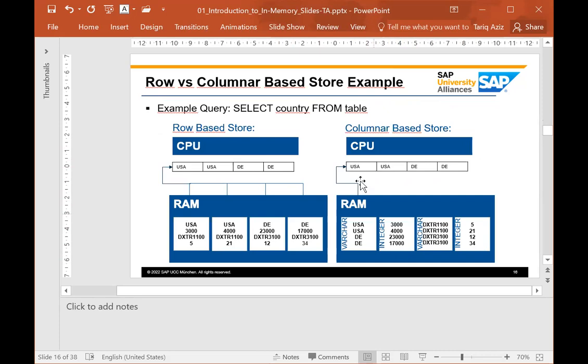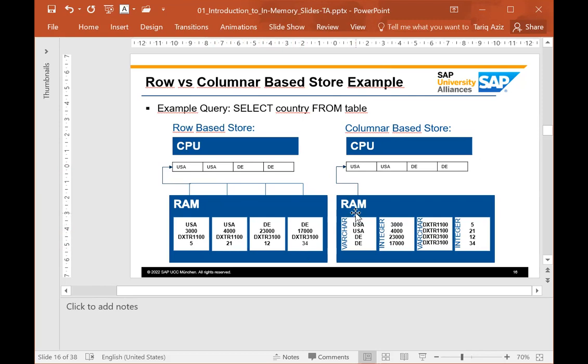Now, if you see here, we have an example: select country from table. I'm reading countries here, but how am I reading? I will read everything here and then go for the next country, read everything and then go for the next country. So I'm reading so much extra stuff.